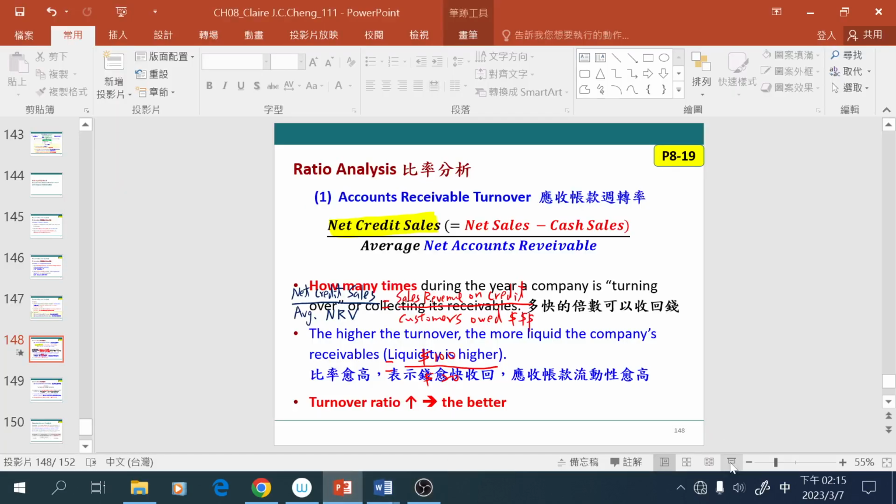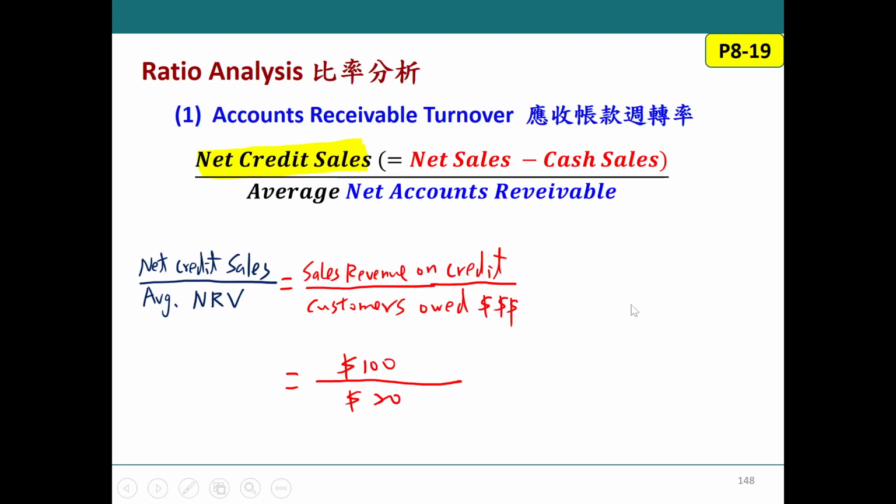So please look at this ratio. We use net credit sales. What does it mean, net credit sales? We earn the revenues on credit, on account. It means that at the beginning, the customer owes you money, right?